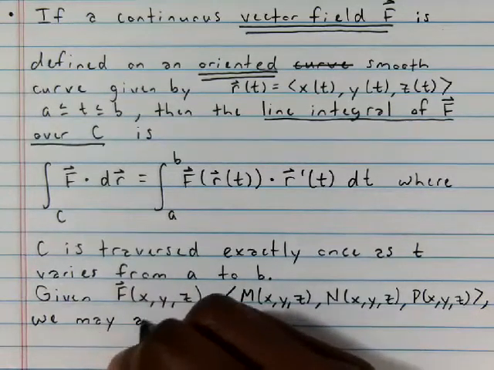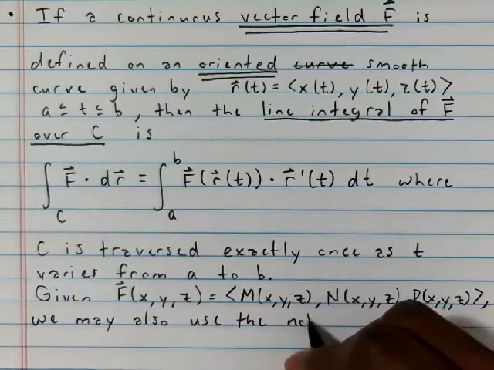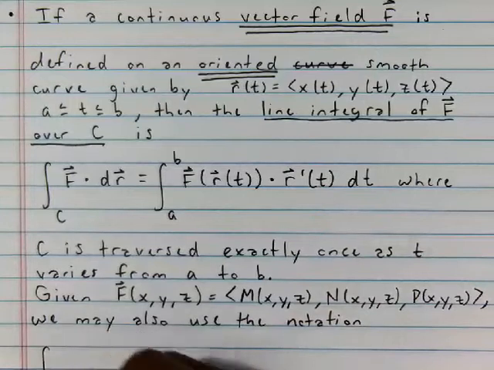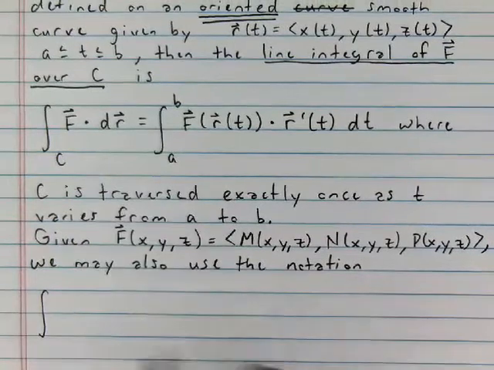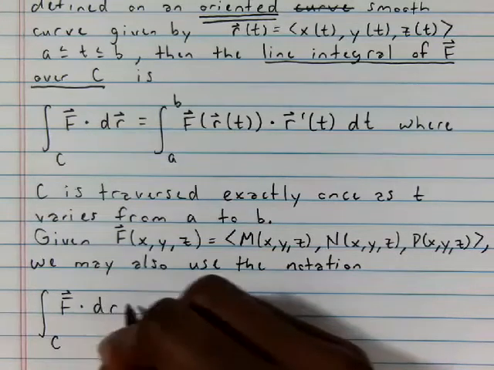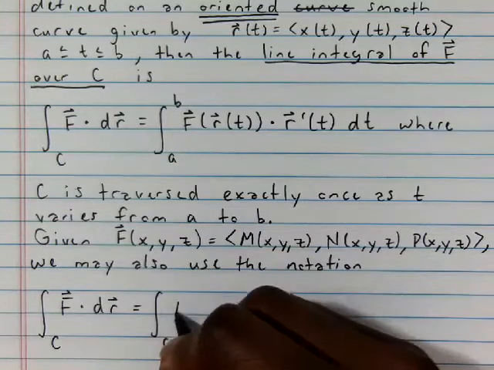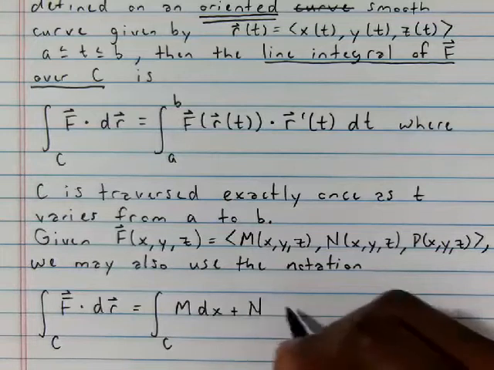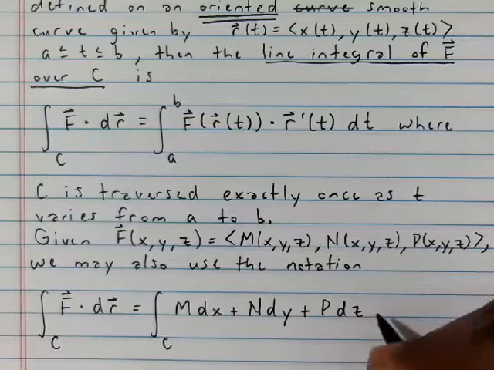We may also use the notation: the line integral over C of F dot dr equals the integral over C of M dx plus N dy plus P dz.